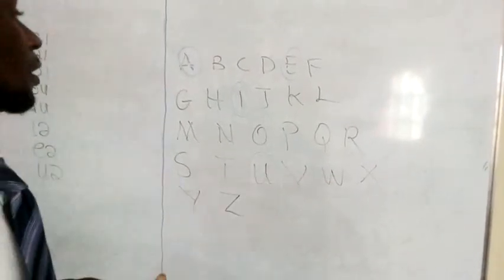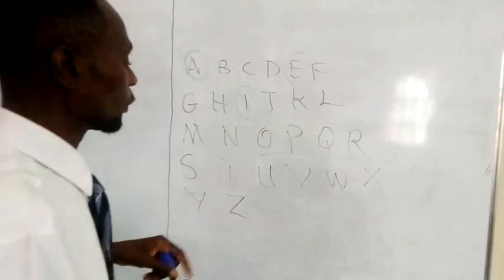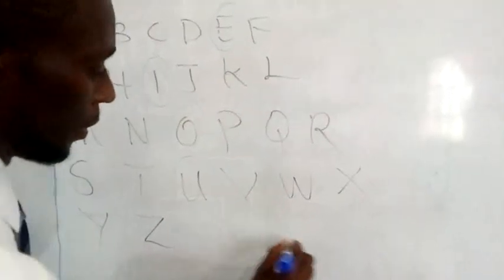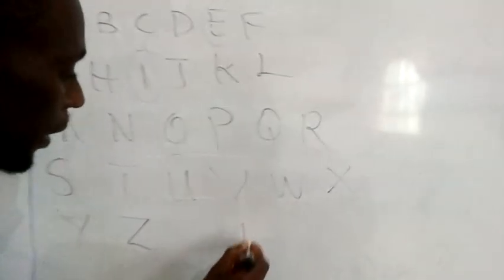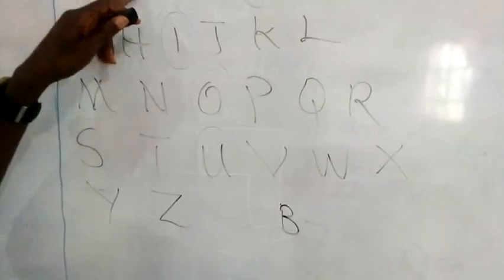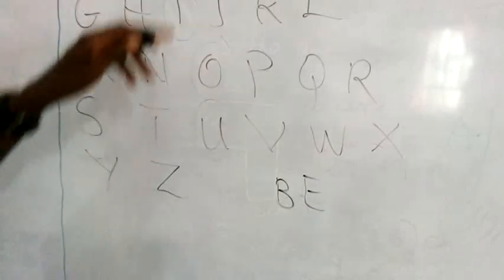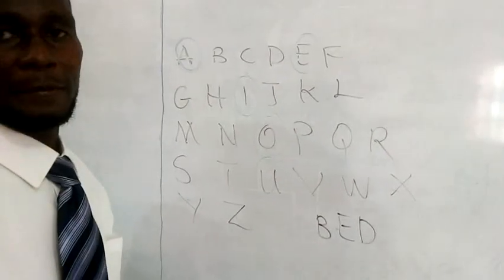For instance, if I write big B, oh, this one is not flowing very well. If I pick B, I pick this vowel, then I pick this consonant. What do I have? It is bed, bed.